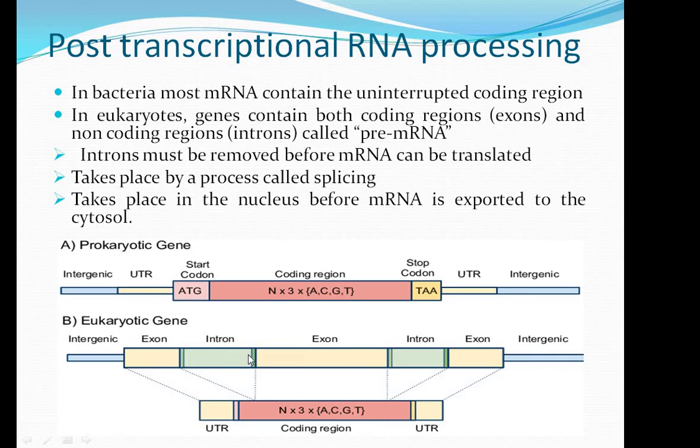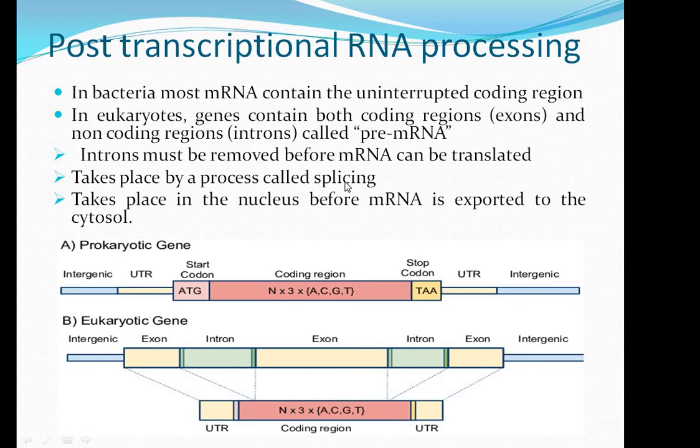Otherwise, it will stop the translation process, because those introns code for nothing. They are functionless. The removal of those introns and putting together all the exons which actually turn into protein, the process of doing this is called splicing.